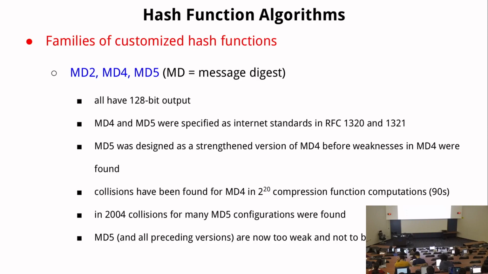Back in 2004, almost 20 years ago, many collisions were found in MD5. Technically it's 128 bits, so if the algorithm is perfect, you need on the order of 2 to the power of 64 trials to find a collision.